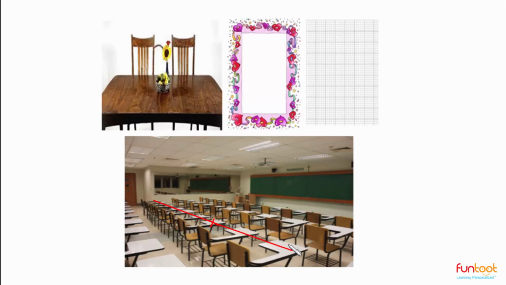That means this is the row. Or is it the column only which we require for describing the position, or we require both? Well, here we require both. We require the row also and the column also. That is why this is two-dimensional data, because it requires two data points.